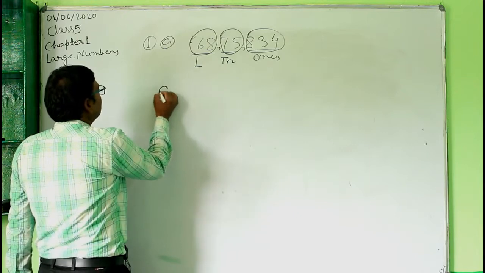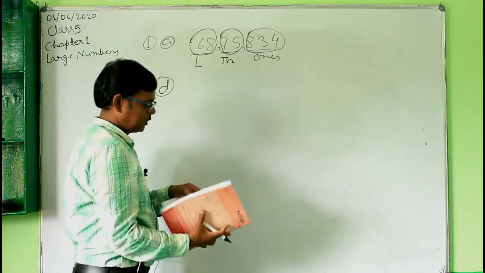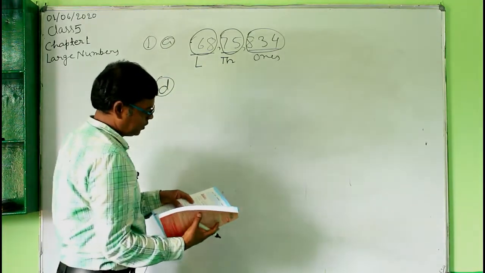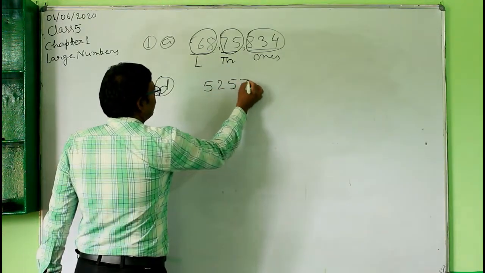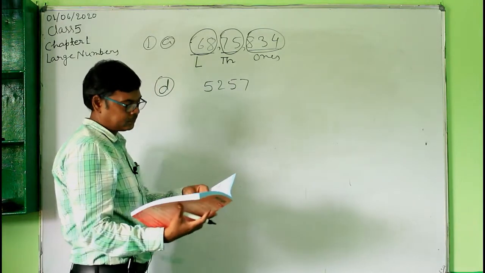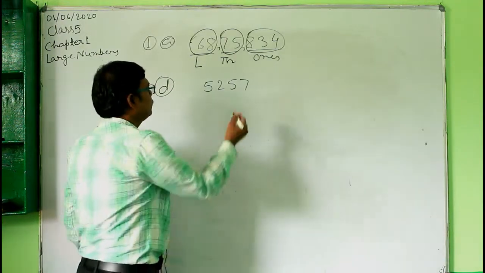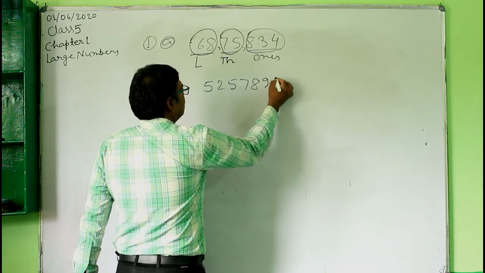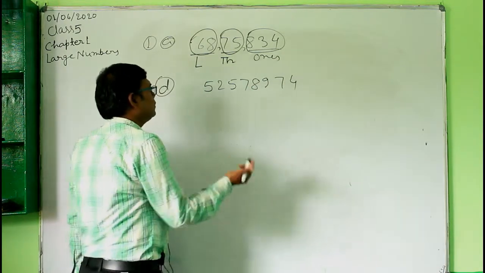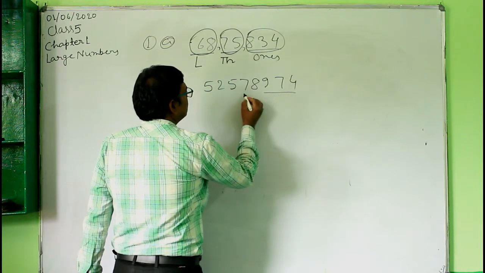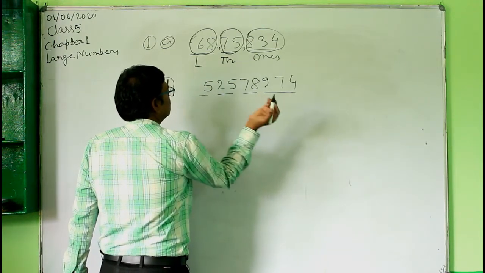And question number D is, in this case you have 5, 2, 5, 7, 8, 9, 7, 4. So this is the number. In this again see that here we have 3 digits, then 2 digits, then 2 digits, and then this.